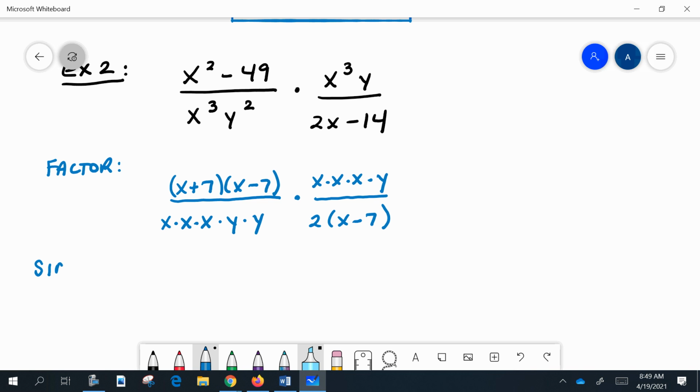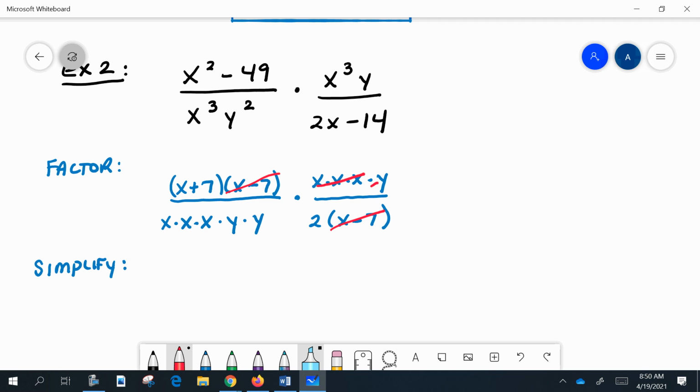So now that everything has been factored, we can simplify those factors. What do we see in the numerator and the denominator that divide? Well, the first thing I see is x minus 7 divided by x minus 7. The other thing I see is these monomial terms. If there's 3 x's, this x times x can simplify with this x times x times x, and those cancel out. And the last thing I see is a y divided by y.